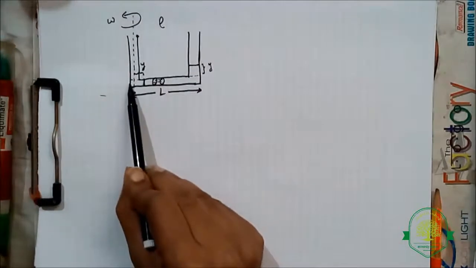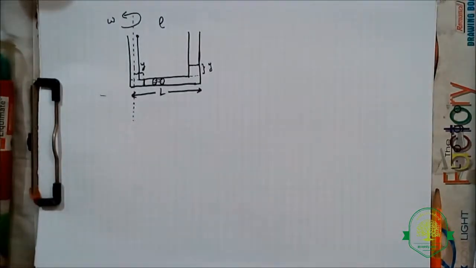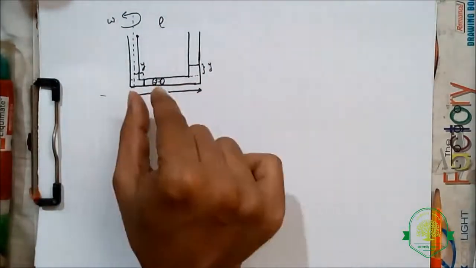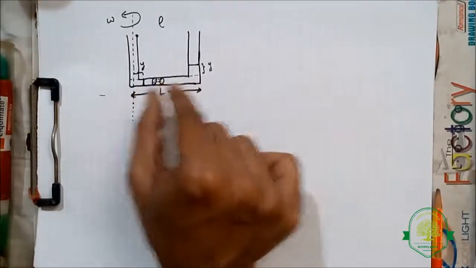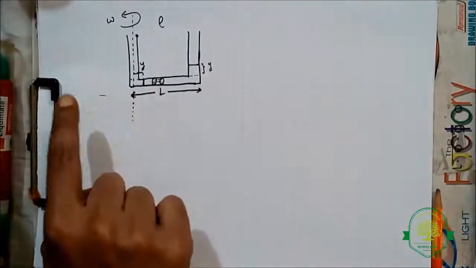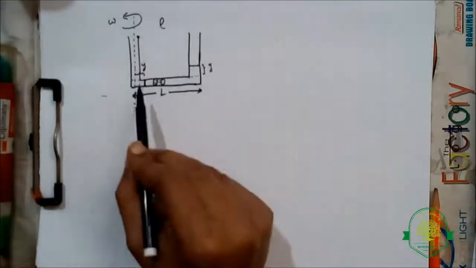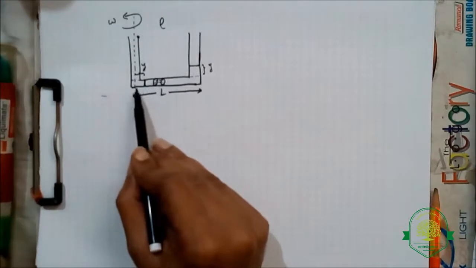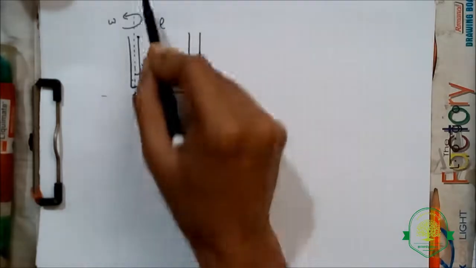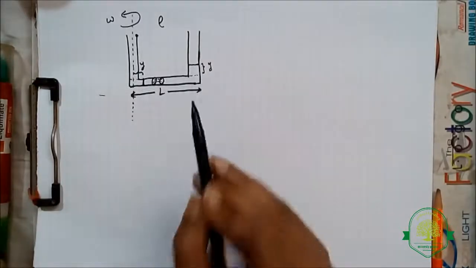So the liquid originally was filled up to the entire length, but when the U tube is rotated about this axis, every differential element of liquid in the arm experiences a centrifugal force to the right, to the positive x-axis, and therefore there's a certain motion of liquid which pushes the liquid up to a distance y from this arm, and because liquid is incompressible, the liquid in this arm rises up to the same height y.